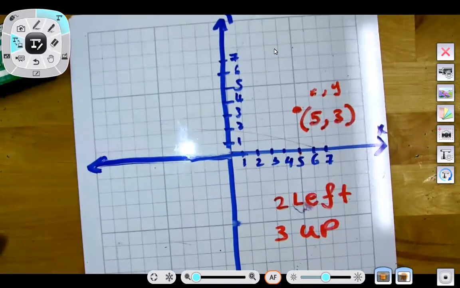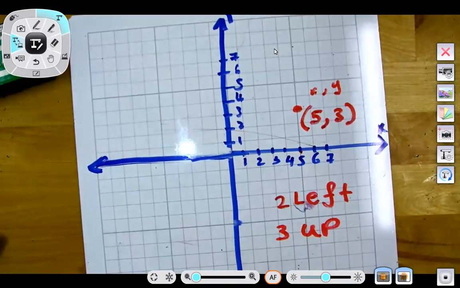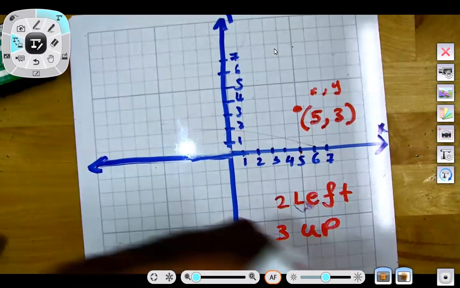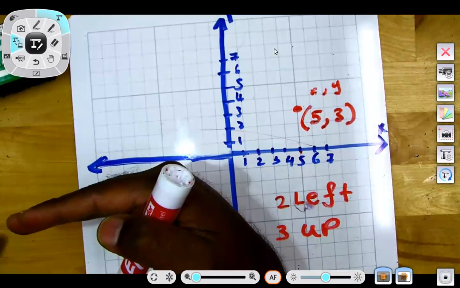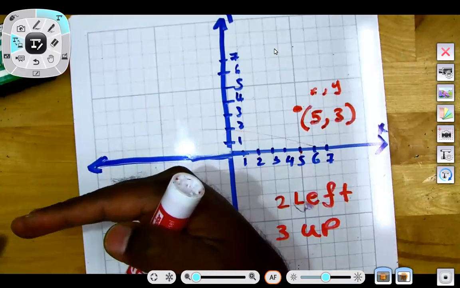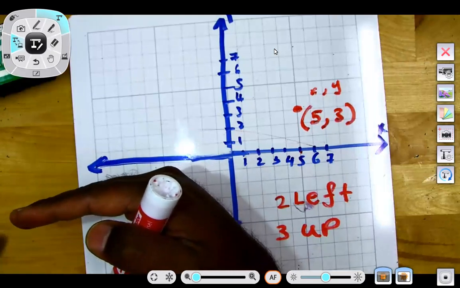When you talk about left and right, it's the x-axis. When you go left this way, you are subtracting from the x value.